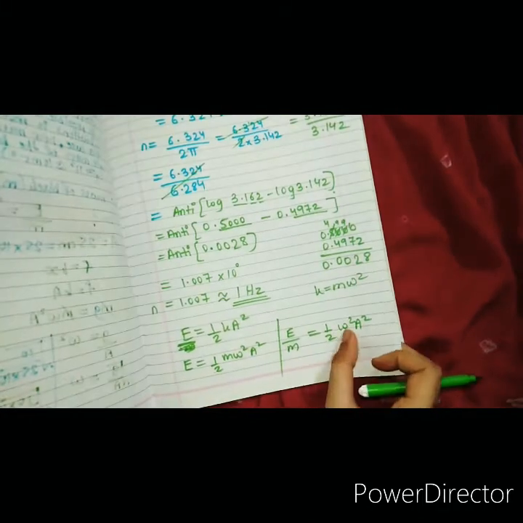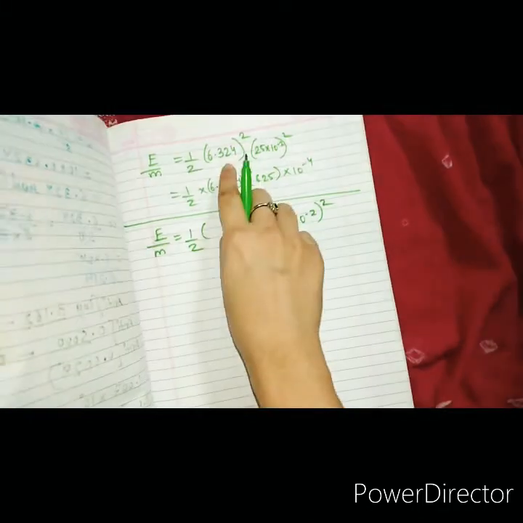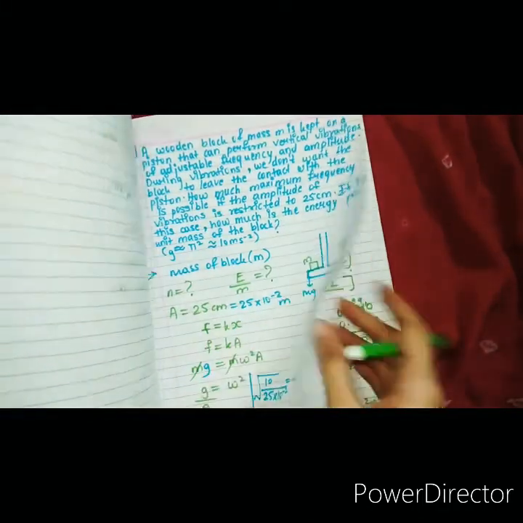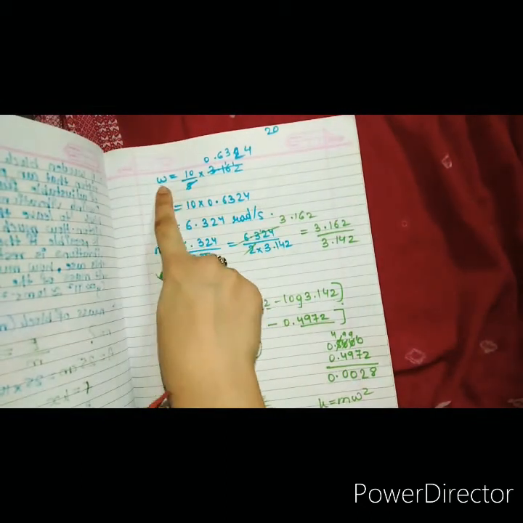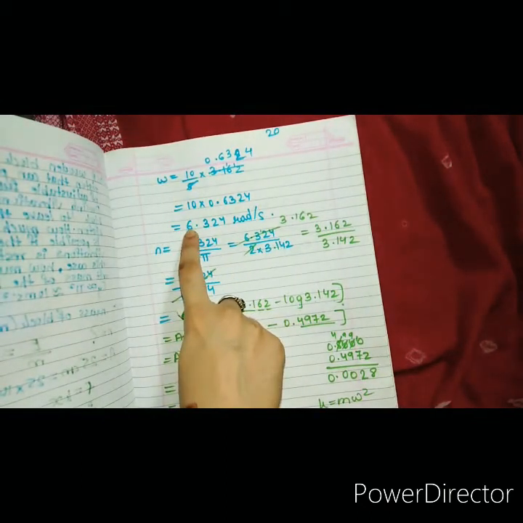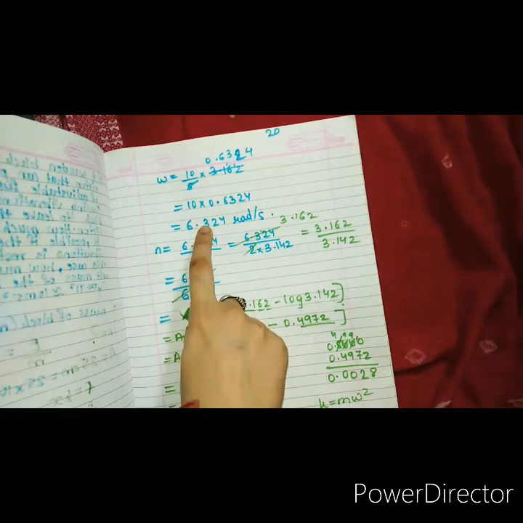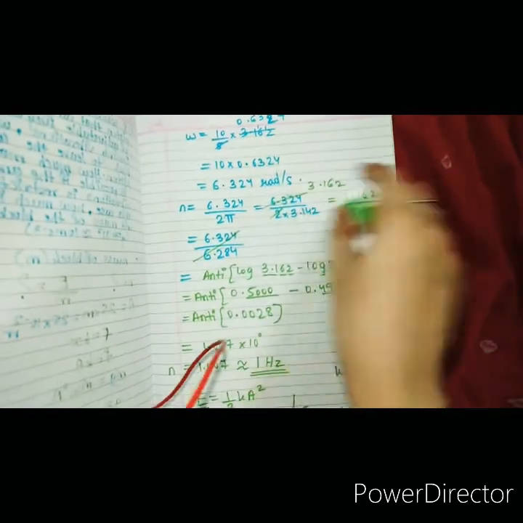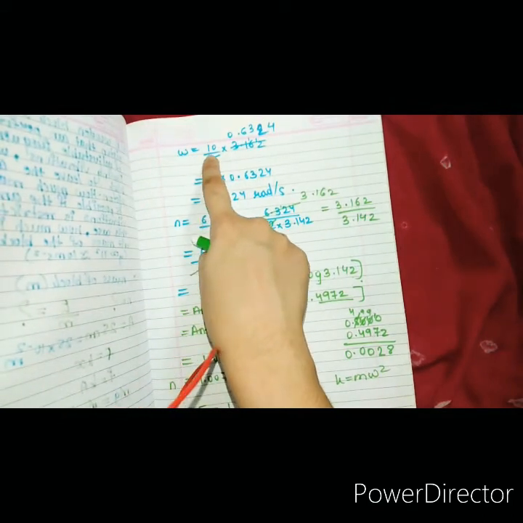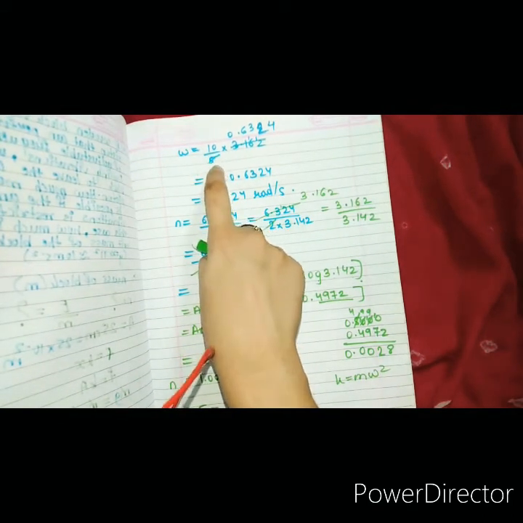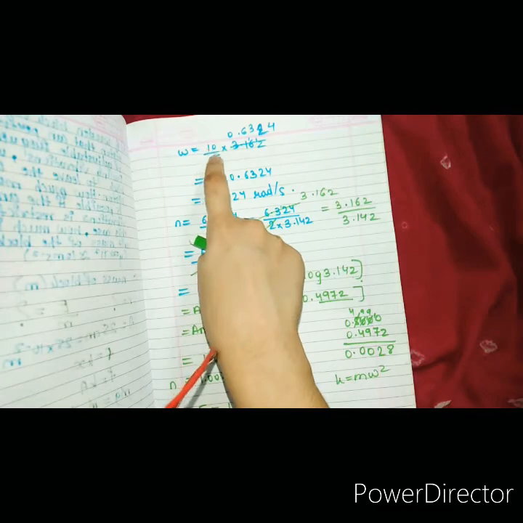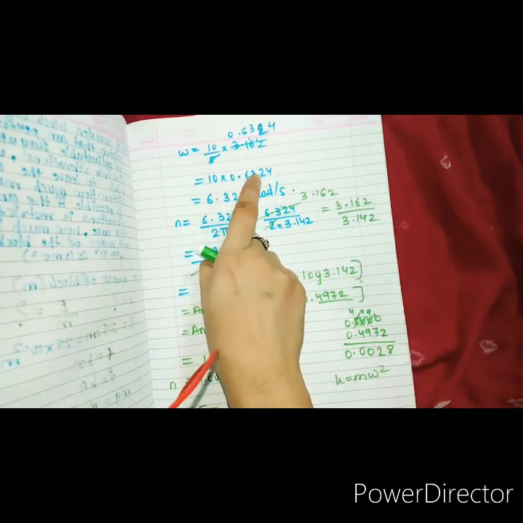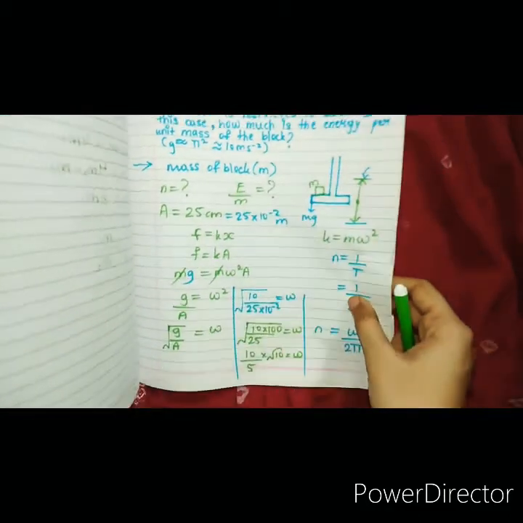Omega square, right? So what have we obtained for omega? For omega we have obtained 6.324. Let's go a bit upper. What is it? 10 upon 5 into 10 into 0.6324.